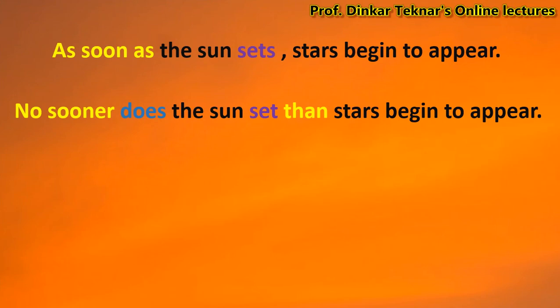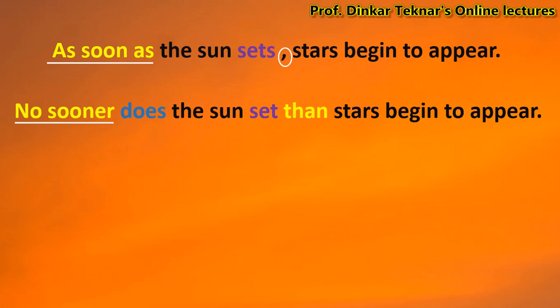The first sentence begins with as soon as, and the second sentence begins with no sooner. In the first sentence, two clauses are separated by a comma.